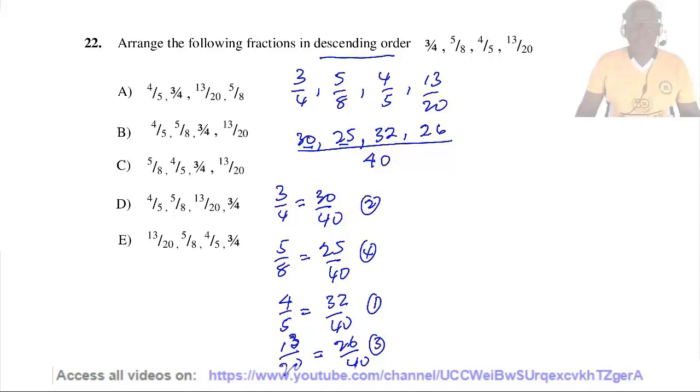So the biggest fraction is 4/5, followed by 3/4, followed by 13/20, followed by 5/8. So the order is as in A. So the answer is A.